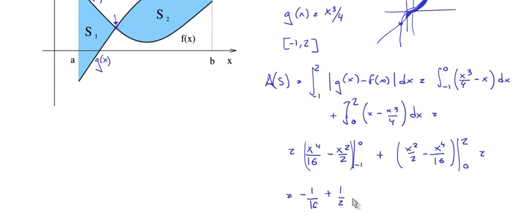Then we have plus 4 over 2 minus 2 to the 4, which is 16 over 16, 1, and at 0, 0. So this is 2 minus 1 is 1, plus 1/2 is 3/2, which is equal to 24 over 16. Minus 1 is 23 over 16.